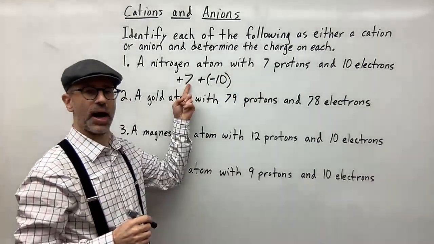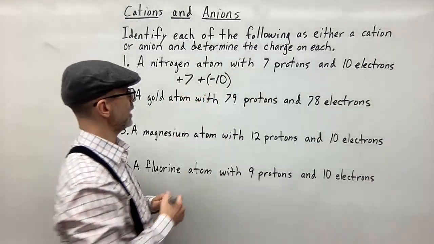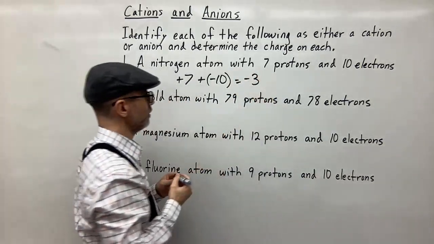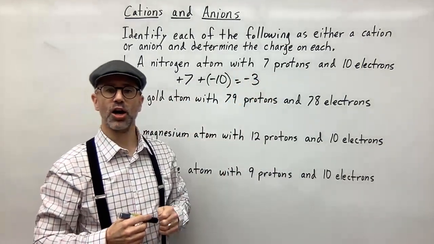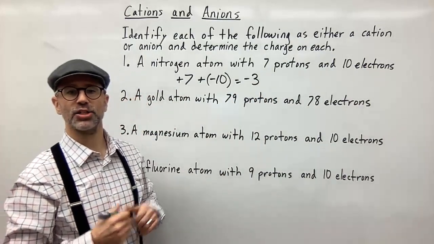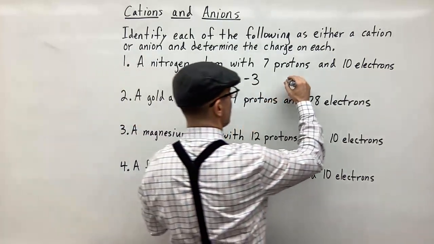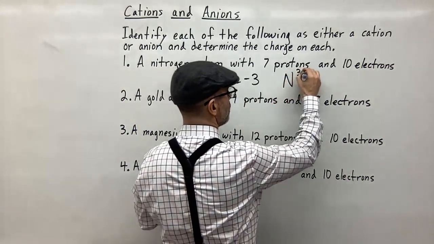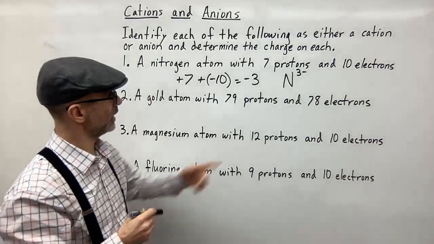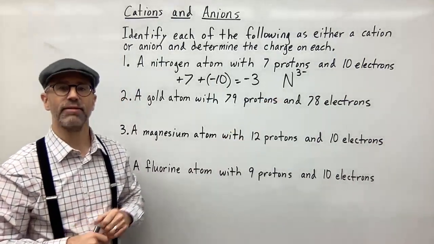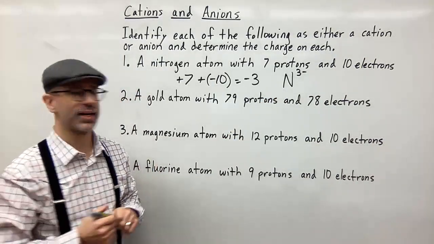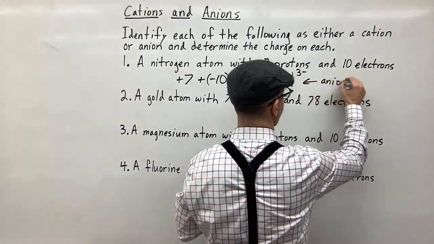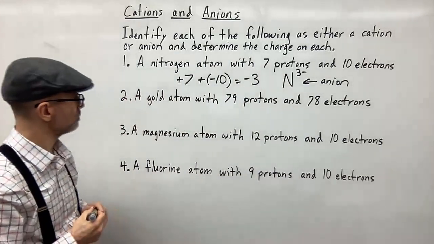So 7 positives plus 10 negatives gives us an overall -3. So the charge is going to be a 3 minus charge on our nitrogen. We write that like so, the symbol of nitrogen with a 3 minus charge. So that is a negative ion. We have an anion here, because it has a negative charge.